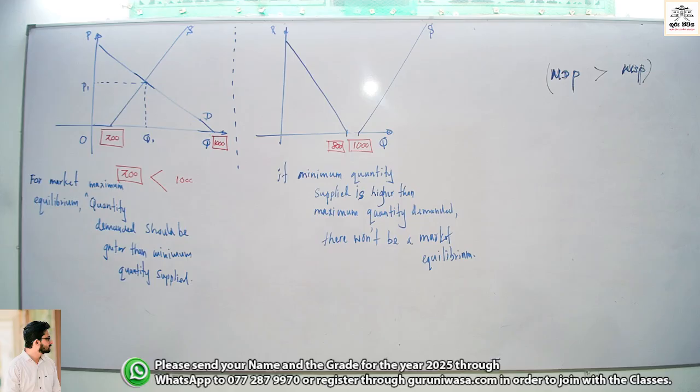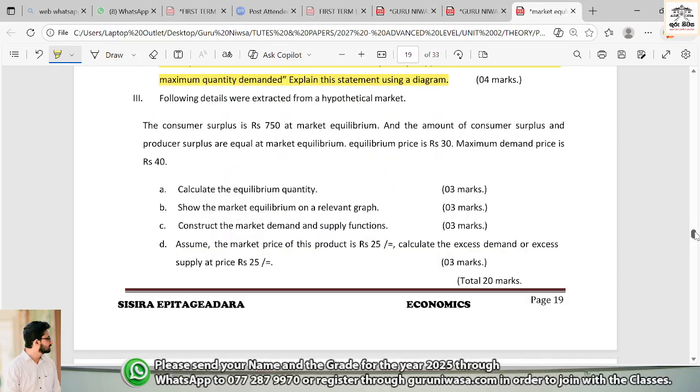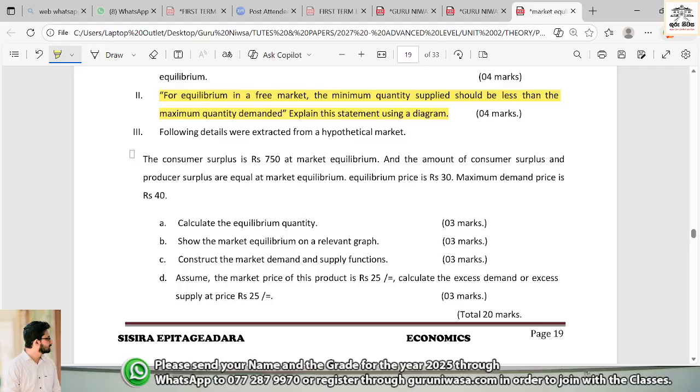And Lamai, please do this third part. Very creative question, right? No demand equation given, no supply equation given, just consumer surplus and producer surplus. Try to do this question as homework.